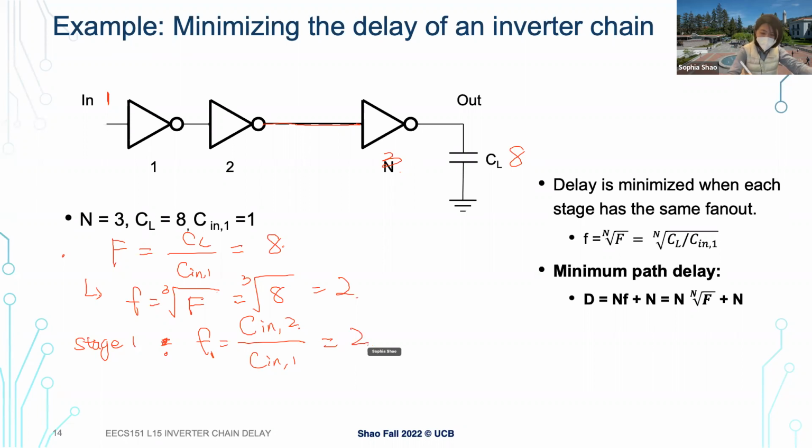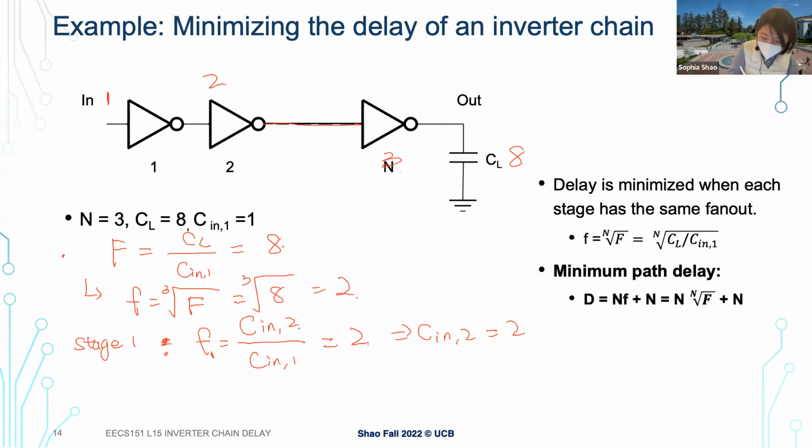Because this is 2 and my input capacitance is 1, the input capacitance of my second stage is basically 2, right? So now we actually know the size of the second stage. We want to double the second stage so that we can get a balanced pipeline.